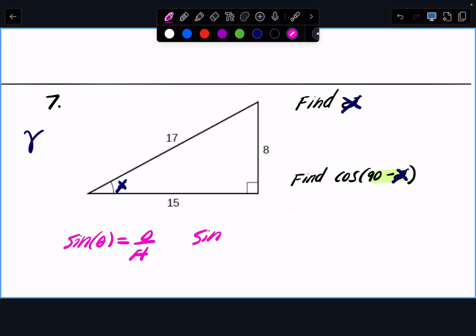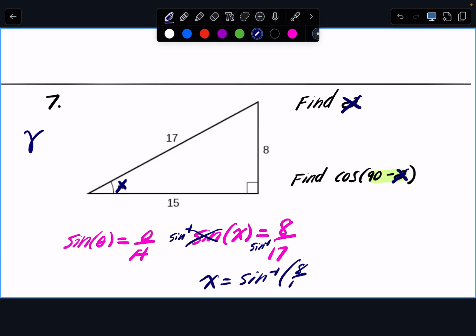So I'm going to go sine of x equals 8 over 17. And then I would sine inverse both sides. So x is equal to sine inverse of 8/17, and then you would hit second sine 8/17, and that would be 28.1 degrees.